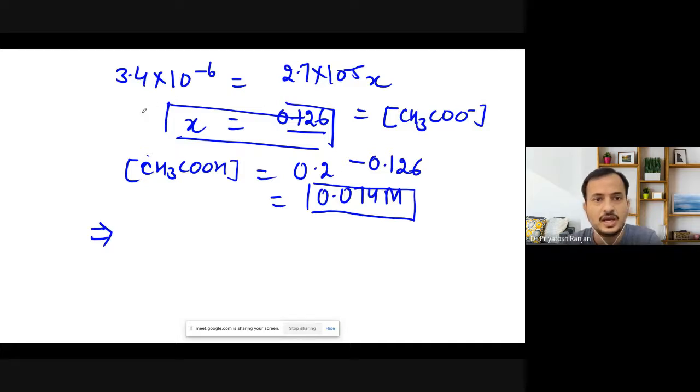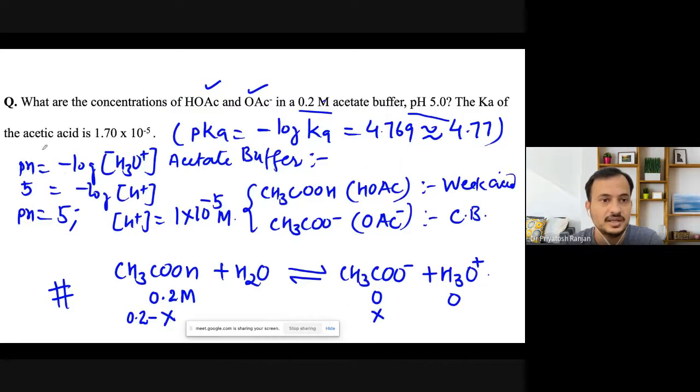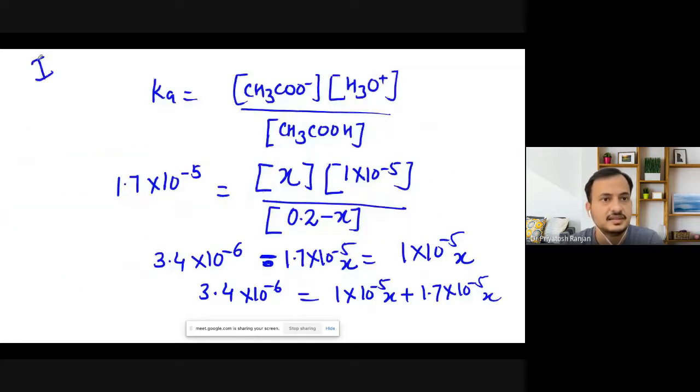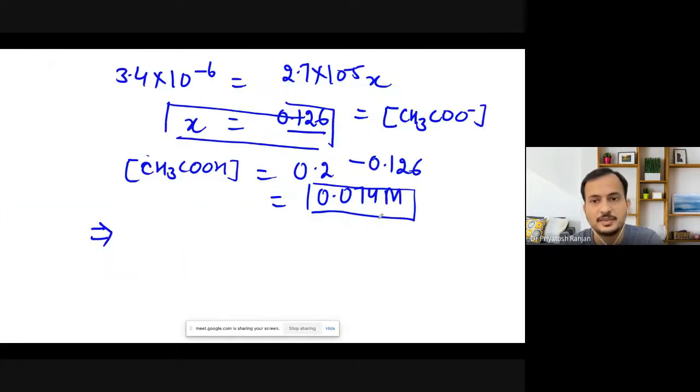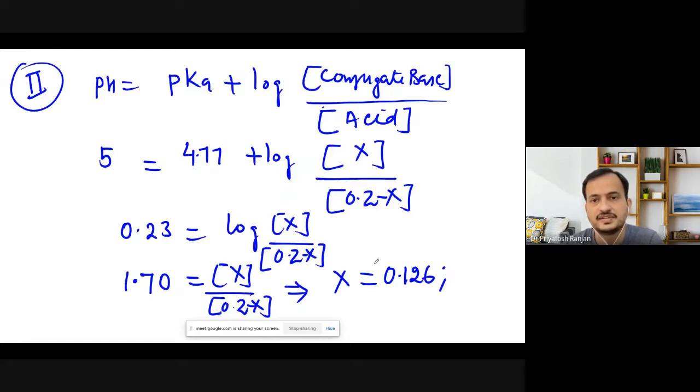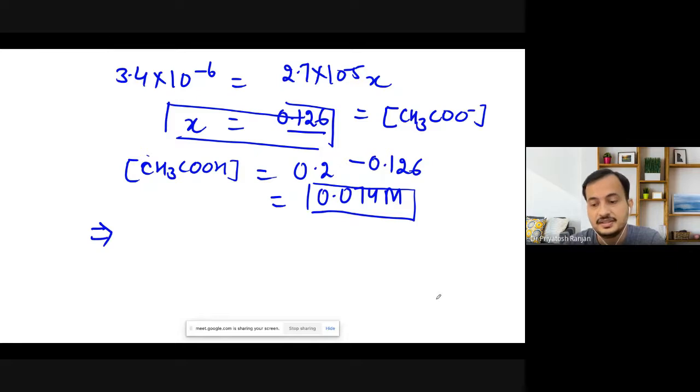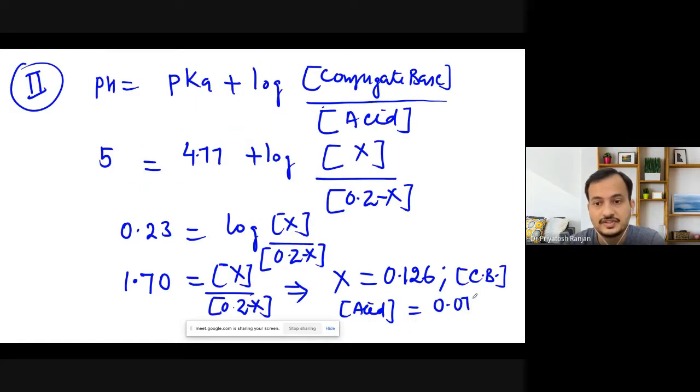That was the same value I was getting from method 1. So let's consider it as one way to solve this problem. So x is coming out to be 0.126 here again, which we all know is the conjugate base, and so I'm writing it as Cb, which corresponds to conjugate base. And the concentration of acid is going to be 0.2 minus x, which is going to be 0.074 molar. Perfect.